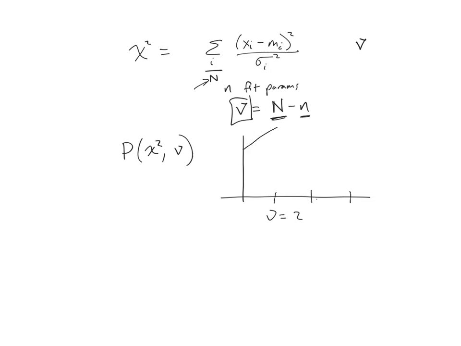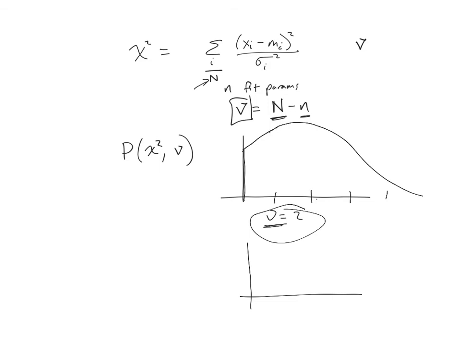There's 1, 2, 3, 4, right? But it's got some big tail going out like this, and it's asymmetric because it can't go below 0. So for small numbers of degrees of freedom, it's going to be asymmetric, and it'll peak somewhere near this, but it's pretty wide. If I have nu equals 100, well, I do expect it to peak near 100, and that probability distribution looks an awful lot like a Gaussian, centered at 100.